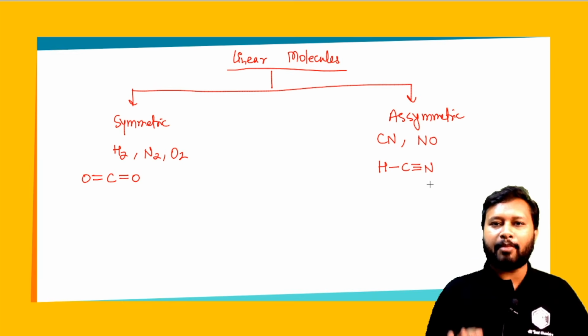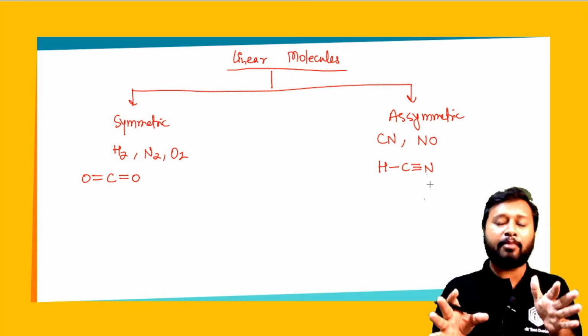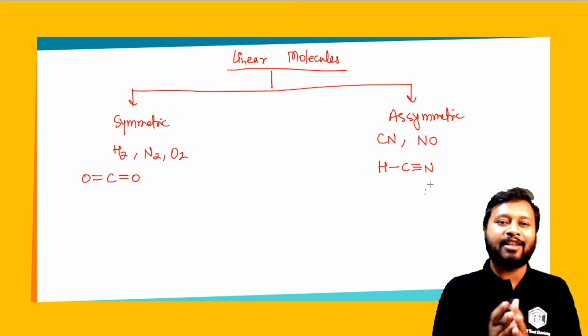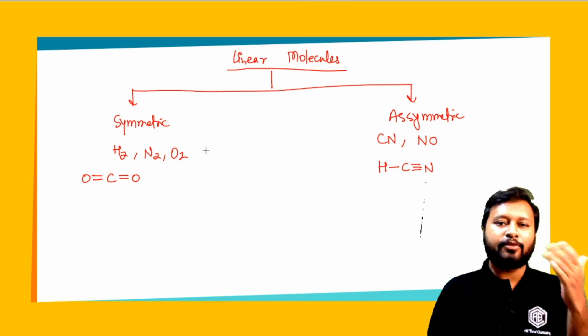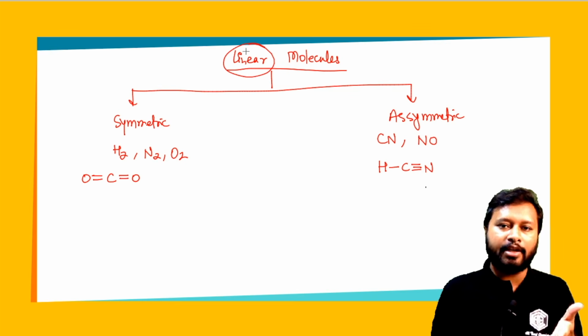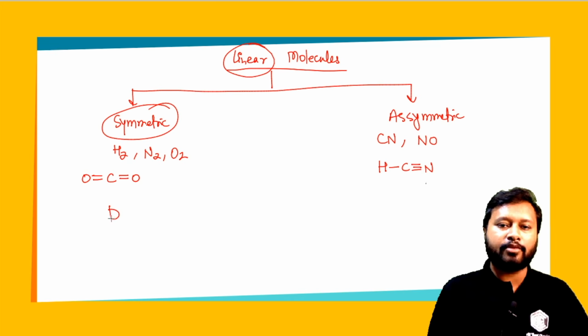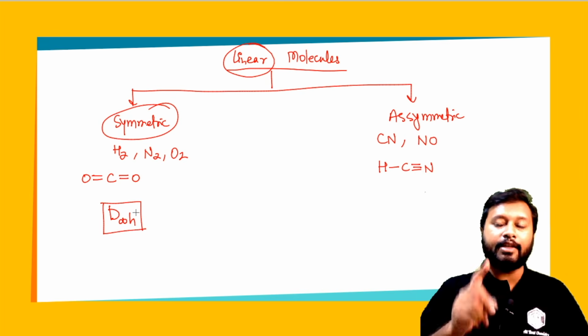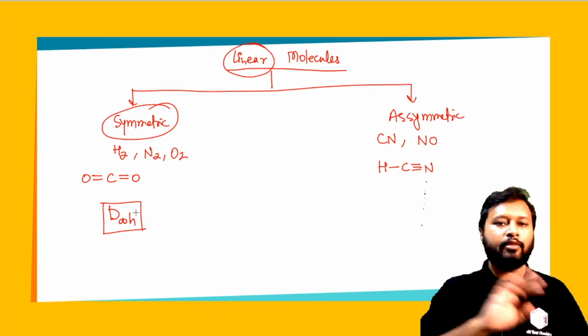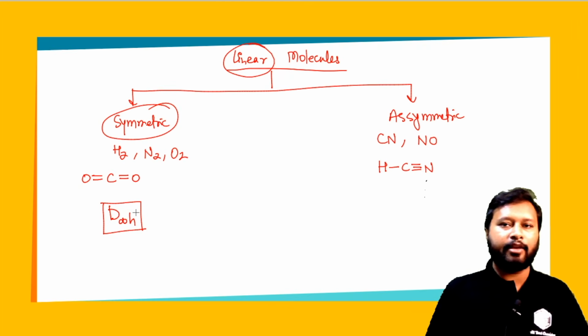Now, if you are dealing with tricks, you have to memorize a few things. If the molecule is linear and symmetric, the point group is going to be D infinity h.